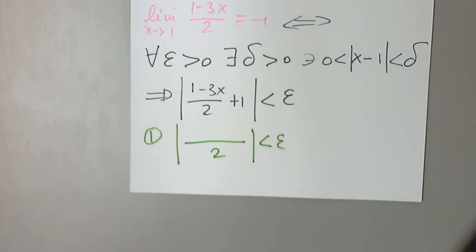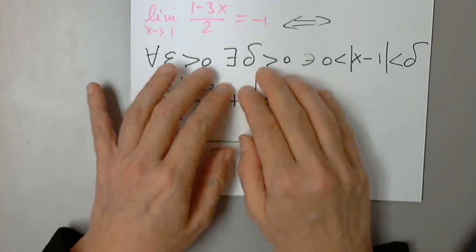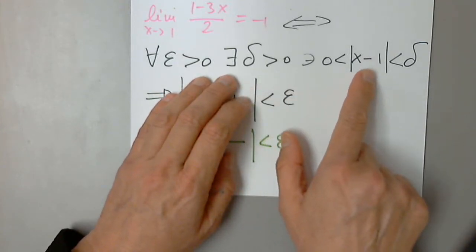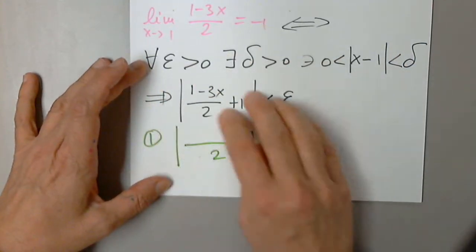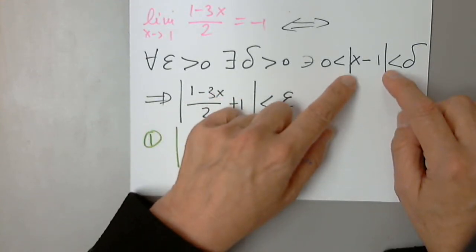And always remember, I'm not teaching you how to cheat, but I'm teaching you what to expect and what we are after. After I finish with this, completely simplified, what should I get? This is what I'm after. From here, I do whatever is allowed or possible to get this.